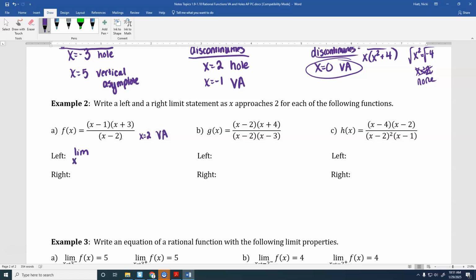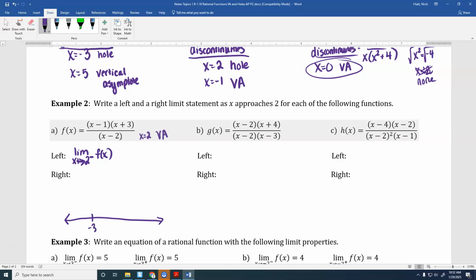So if I'm doing x approaches 2 from the left of f of x, then I want to know what's happening right there at 2. I think our best bet is going to be to do a sign chart like we did for the inequalities, because if we do that, our zeros will be 1, -3, and 2.